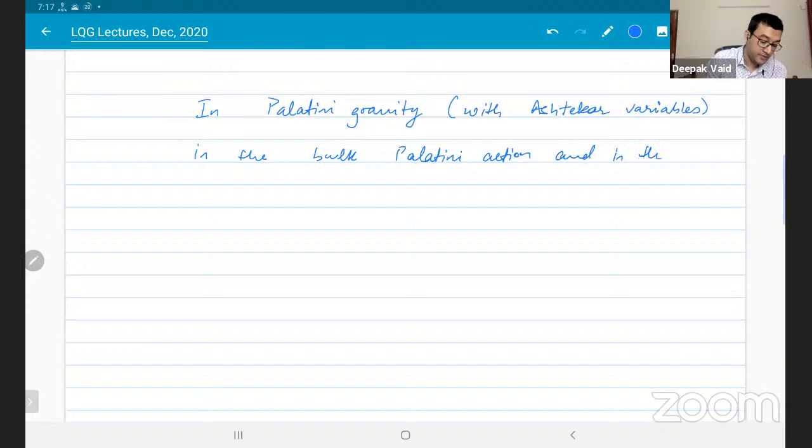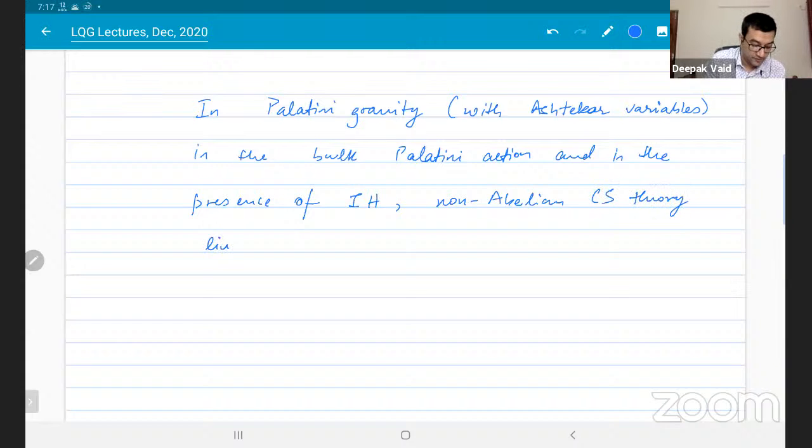And in the presence of an isolated horizon, we have a non-abelian Chern-Simons theory living on the horizon.